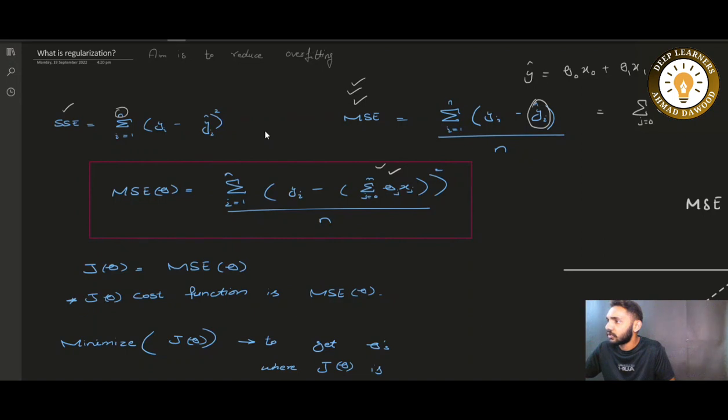From j equals 0 to j, let's say we have just two features here: 0, 1, 2. Here x0 in this case is always equal to 1. Theta 0 is the intercept, and theta 1 and theta 2 are the coefficients. We usually have this type of mean square error, and we will also see its purpose in the training phase.